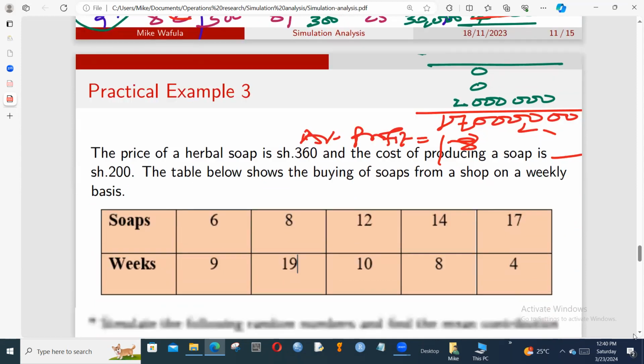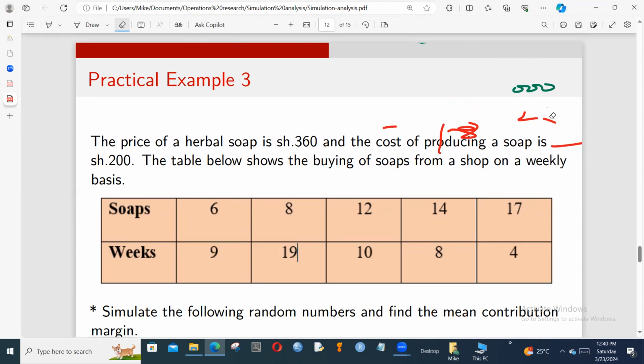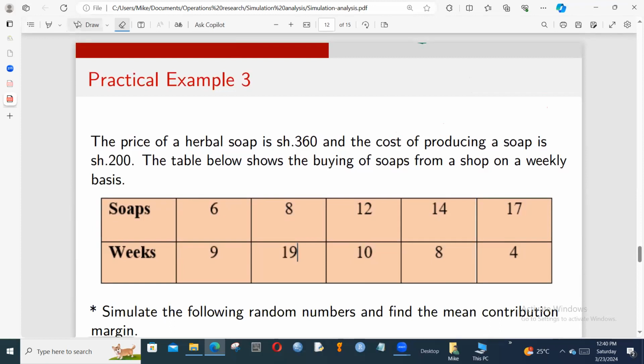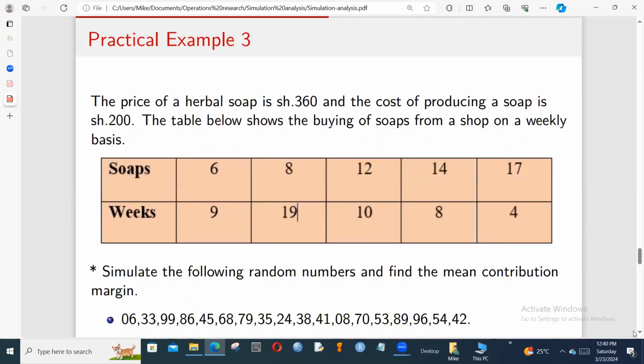Sometimes those probabilities may not be given in a question directly, but then it's a question of simulation, like this example I'm just highlighting, where they are telling you the price of a soap is actually given as 360, and the cost of producing that soap is actually 200. But then you are told that the table below shows the buying of soaps.